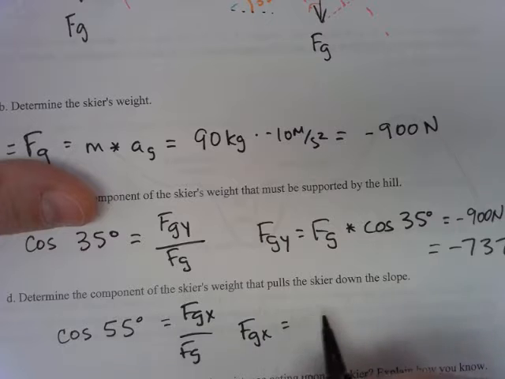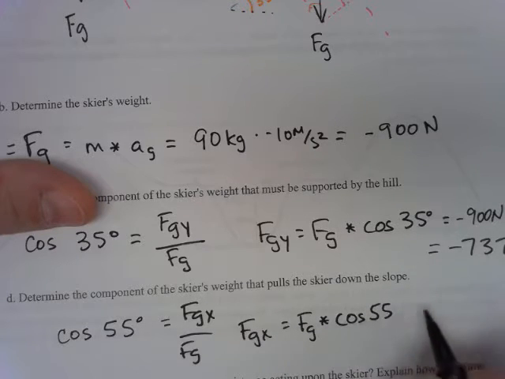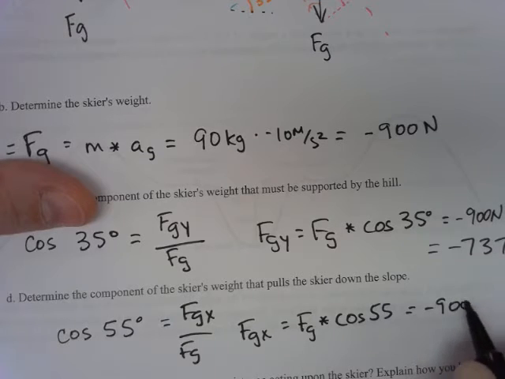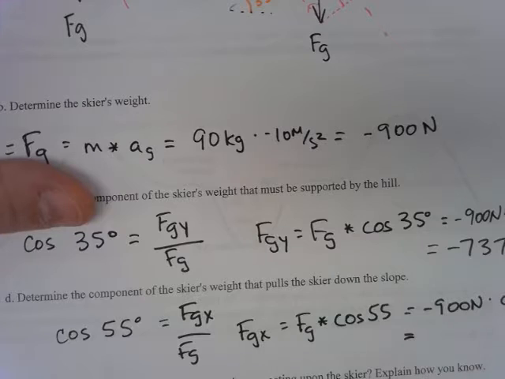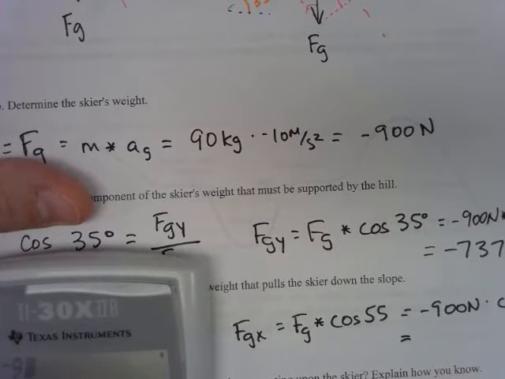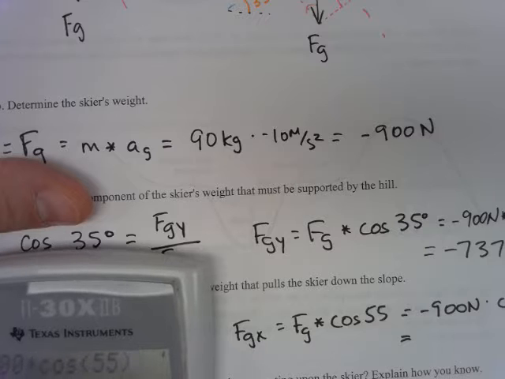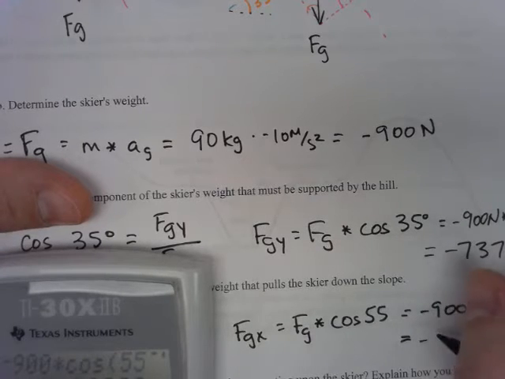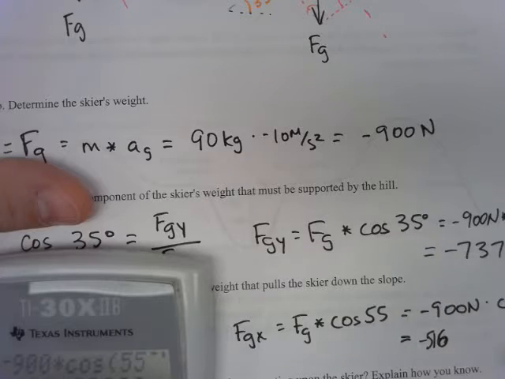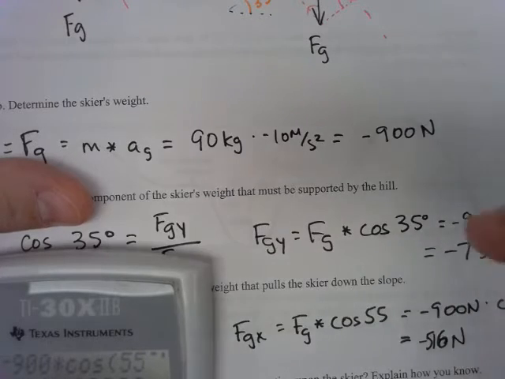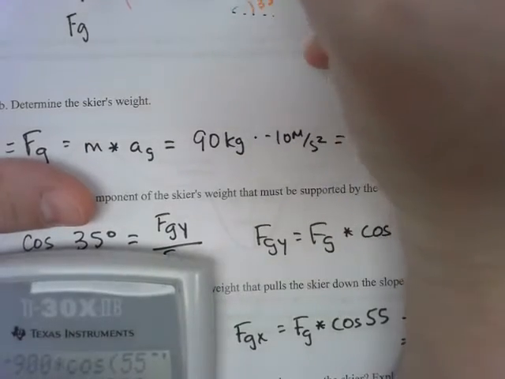So FGX is equal to FG times cosine 55. Let me do that one in the calculator. Minus 516 newtons. Again, I can write that up here too.